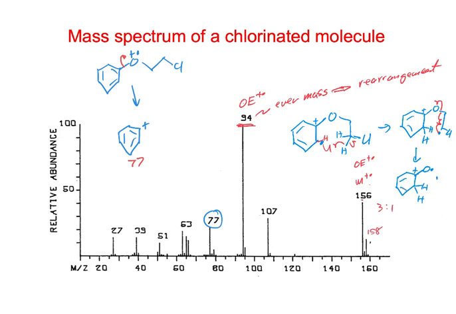And we've lost this alkene that has the chlorine attached. So this is like, we go back and we look at those rearrangements. And so this has M over Z equals 94.